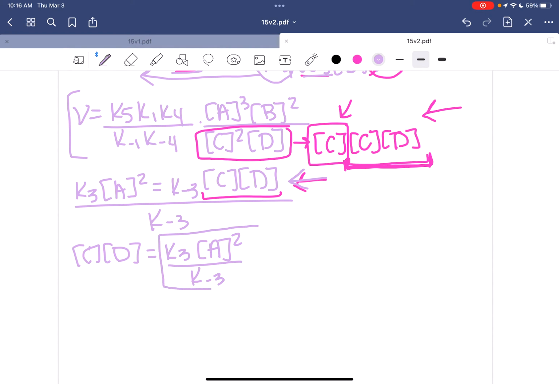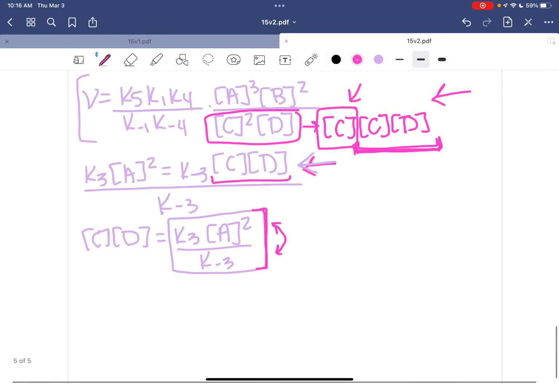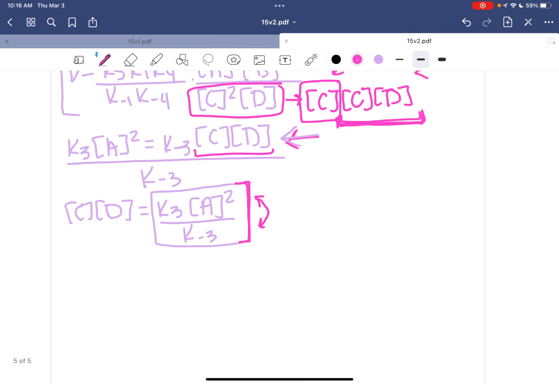And now everything on the right side of this equation is going to be plugged in here for C times D. And remember, just like our other substitution step, it's on the bottom of the fraction. So everything that's equal to C times D is going to be flipped, because we're dividing by a fraction, which means that we're multiplying by the reciprocal or the opposite of this fraction.